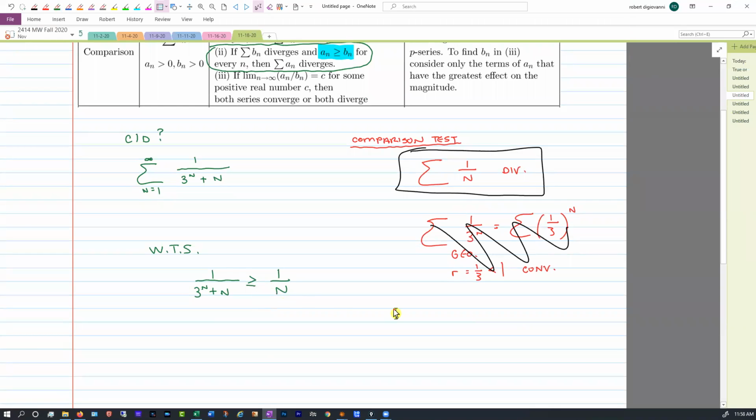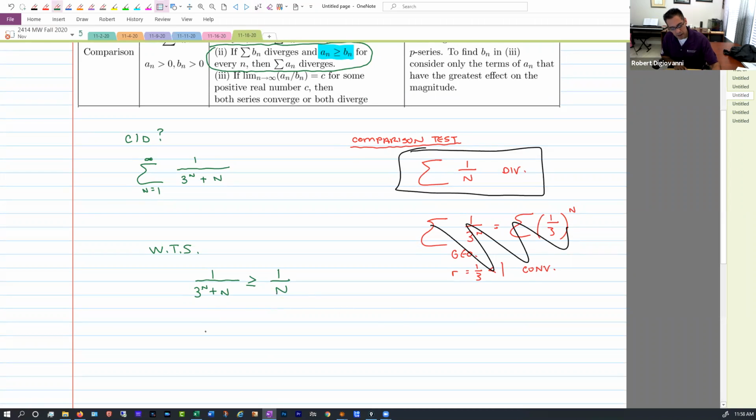No, sir. All right, so now at this point, we would clear fractions out, right? So I would get n greater than or equal to 3 to the n plus n. And remember, we don't have to worry about flipping the inequality because we know we're not multiplying both sides by a negative, because n is always positive here. So we're just going to stick with the inequality this way. I don't like saying cross multiply.